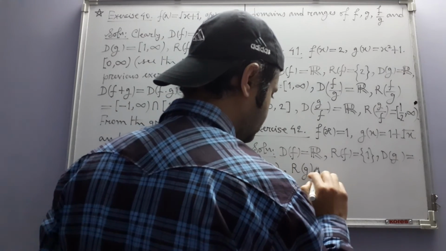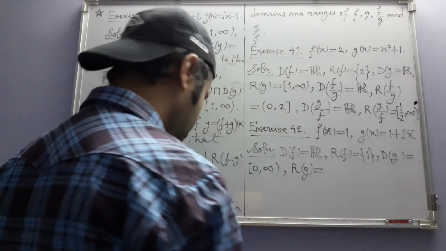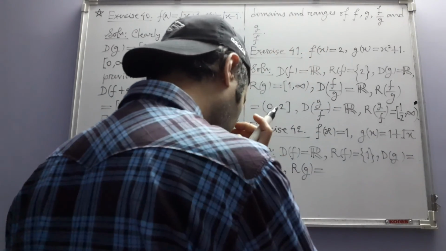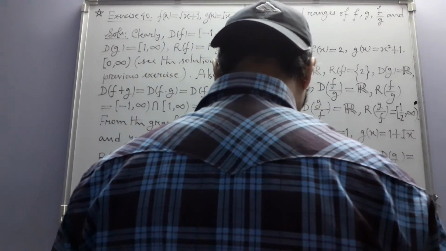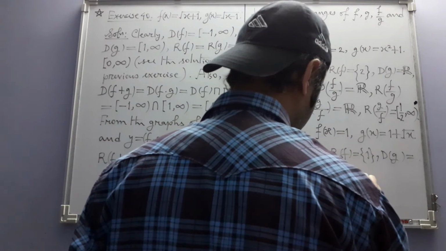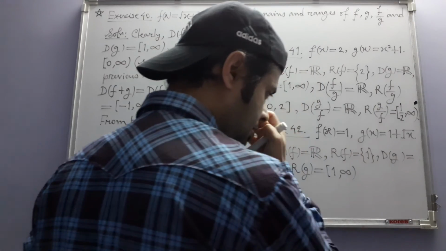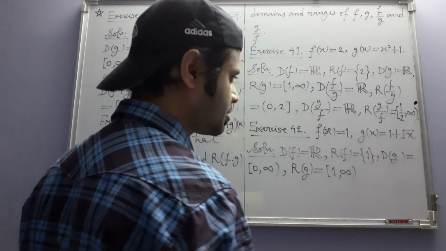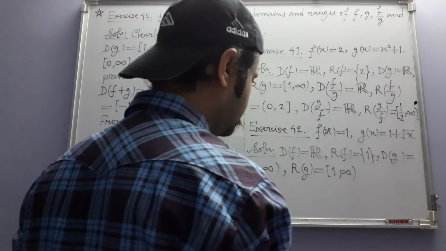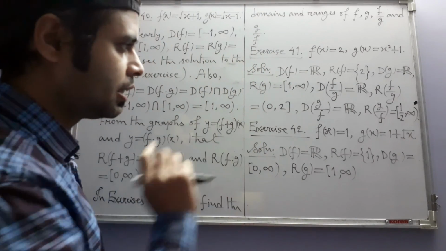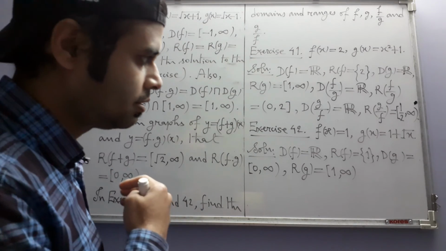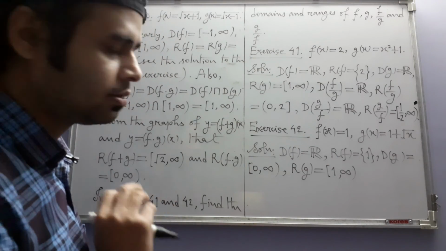Range of g, I think, will be 1 comma infinity. Yes. Because 1 is the least possible value: if you put x equal to 0, you get 1. For other positive values of x, you get values greater than 1.